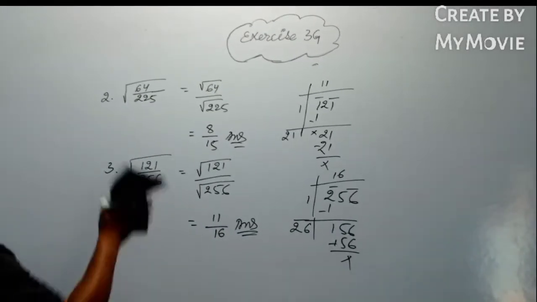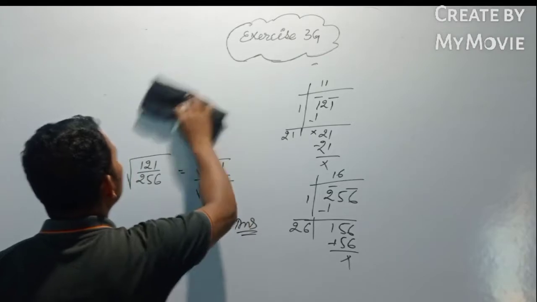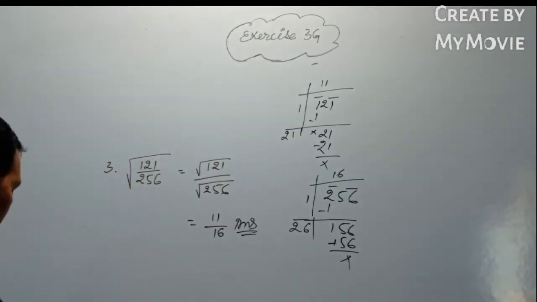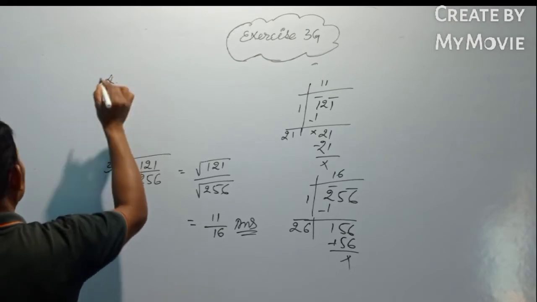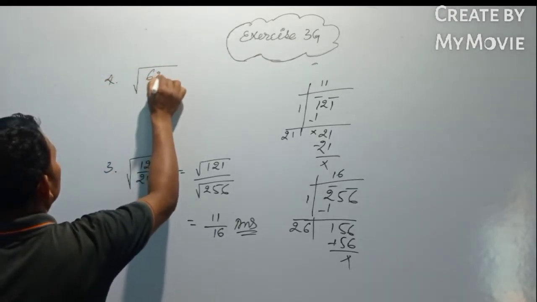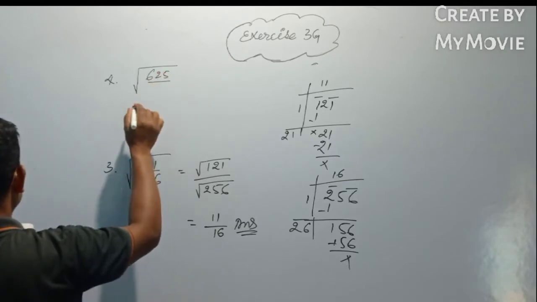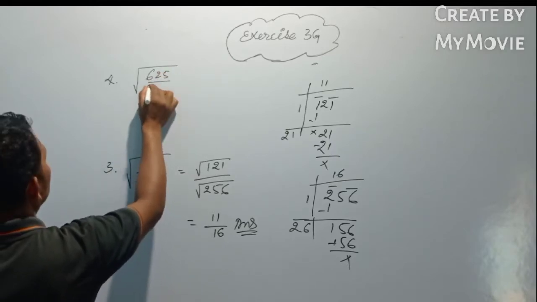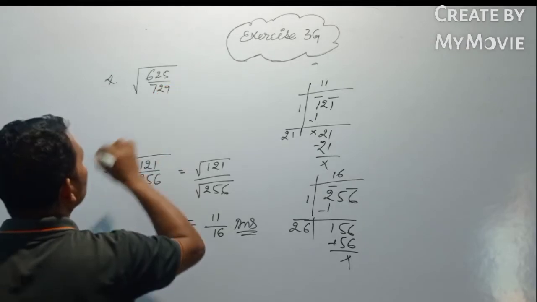Let us move to question number 4. Question number 4 is square root of 625 by 729.